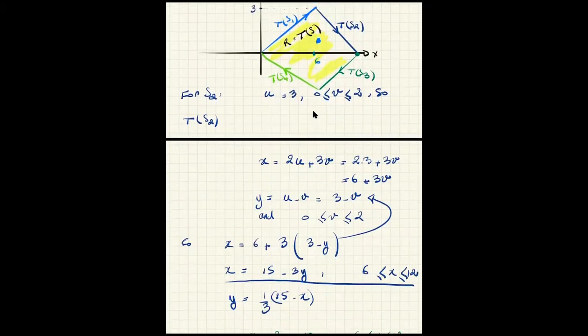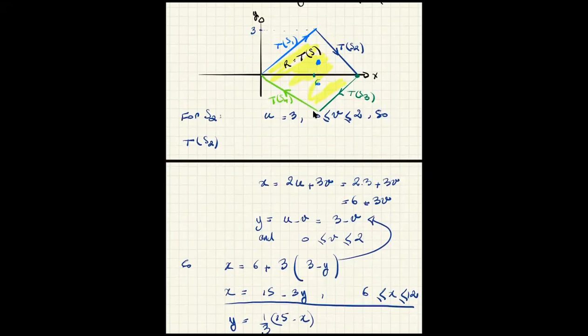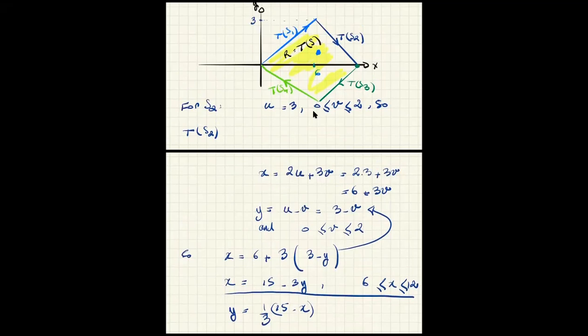Okay. So maybe it's not the right diagram, in the sense that, yeah, it's not the right diagram here, because when you get this line here, it's x between 6 and 12, so y is between 3 and 1, right?